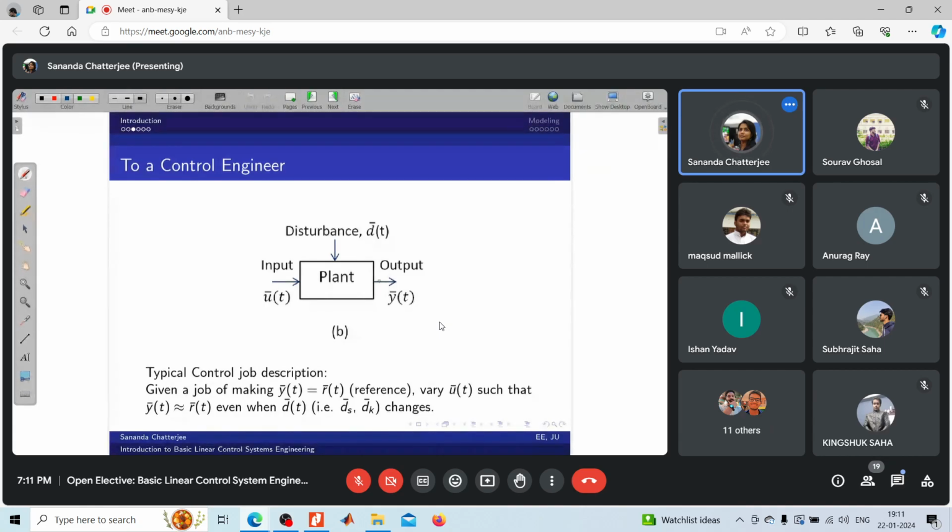So the task of the control engineer will be to have an output y bar which will be equal to the reference, or our target will be to achieve y bar(t) nearly equal to r(t) even when a disturbance d(t) signal is present.